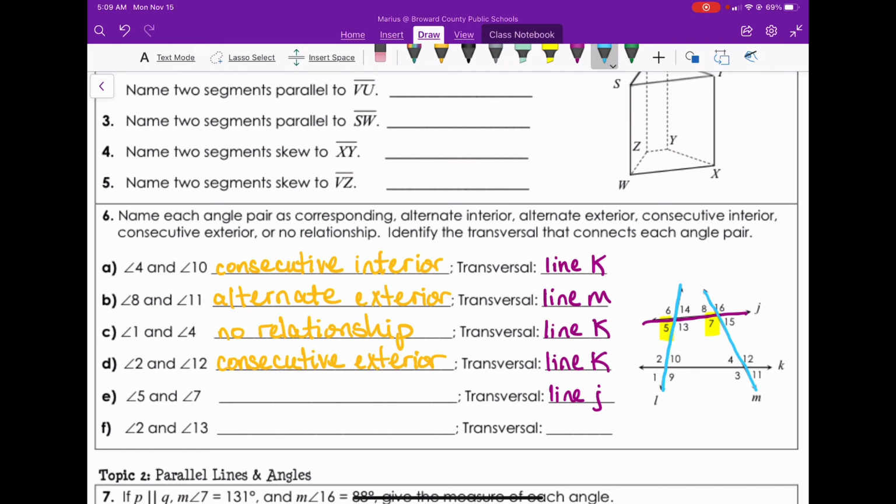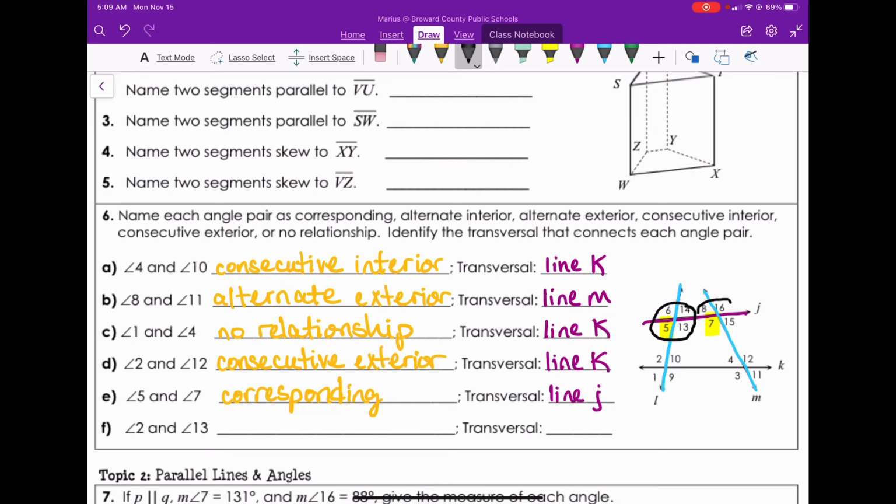Now, the word that would best fit that is corresponding angles. On line J, because they're both on the same side, and one is on the inside, one is on the outside.